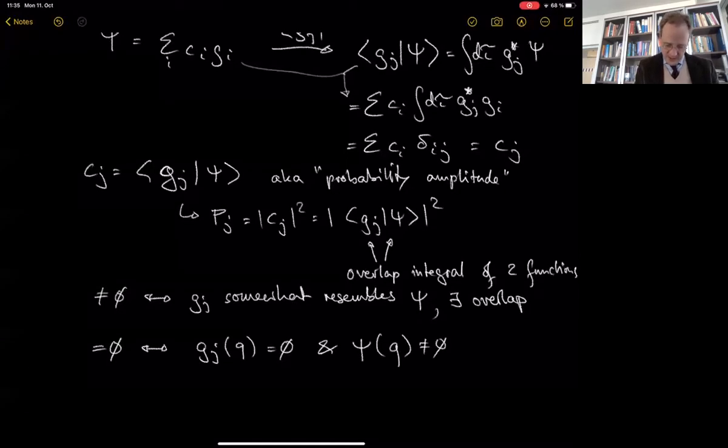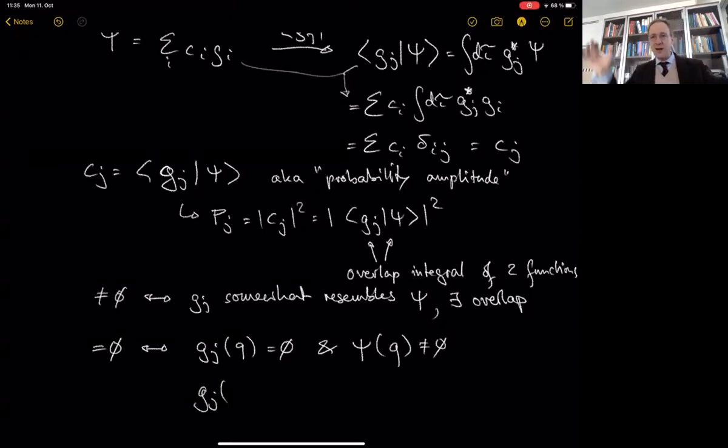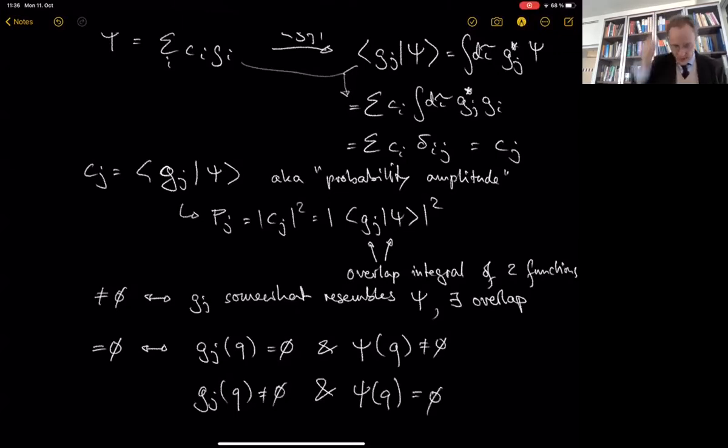Or you can, of course, have the eigenfunction somewhere going around in space, because mathematically you want that. So it's non-zero, but your system is not there at all. So those could be possible reasons. In any case, there's no overlap.